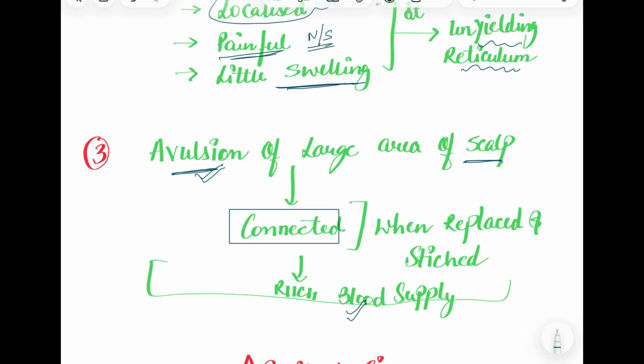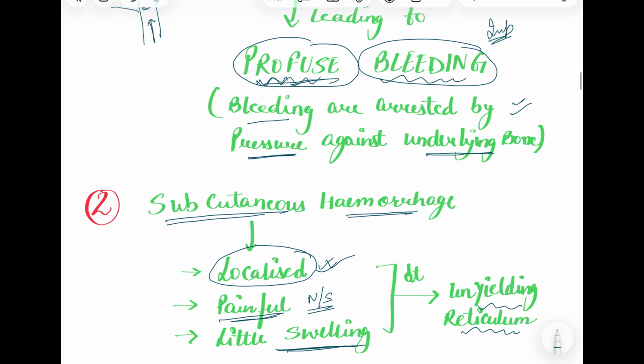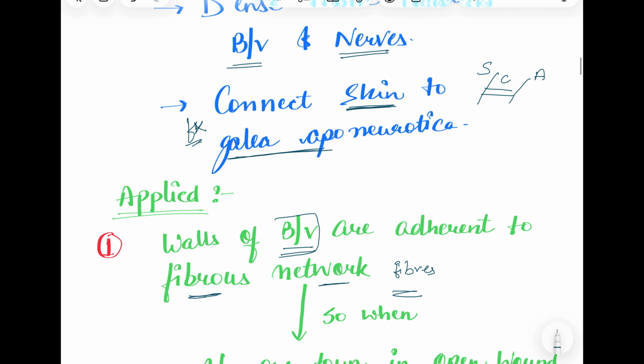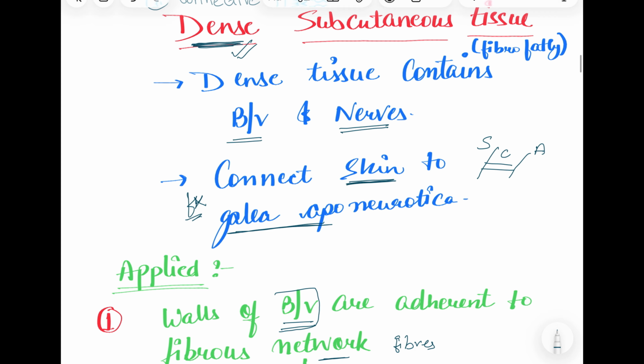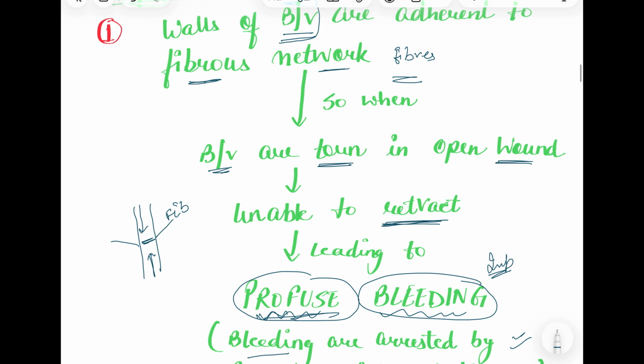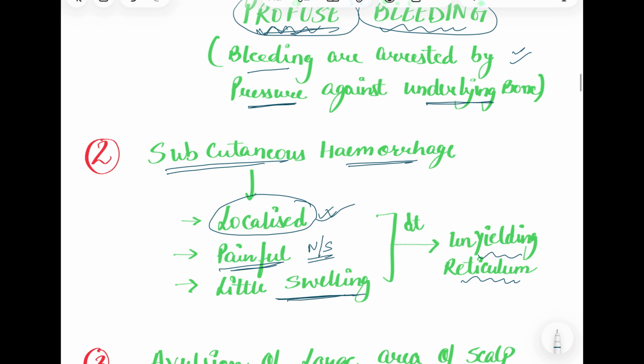So whenever you stitch back, it will get connected. This is the reason why the scalp layer can be sutured back, because of the rich blood supply. So this is the important applied related to the second layer, which is the dense connective tissue, or you can say it's C for connective tissue.